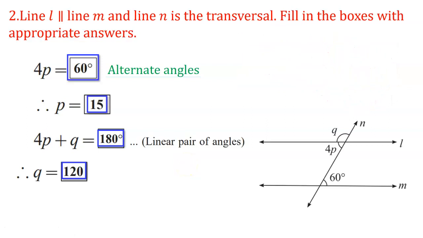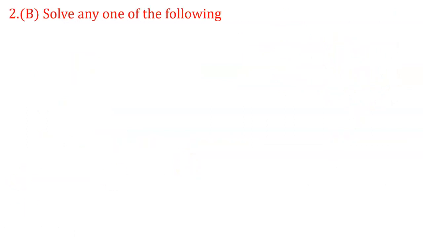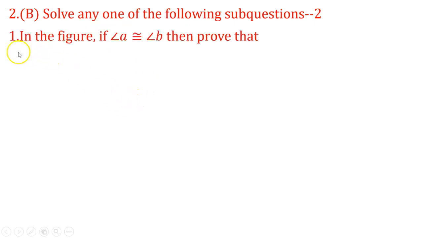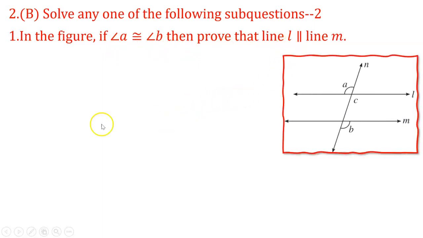Now next, solve any one of the following sub questions. It is for 2 marks. Okay. Now first, in the figure, if angle A is congruent to angle B, then prove that line L is parallel to line M. Now see this here.